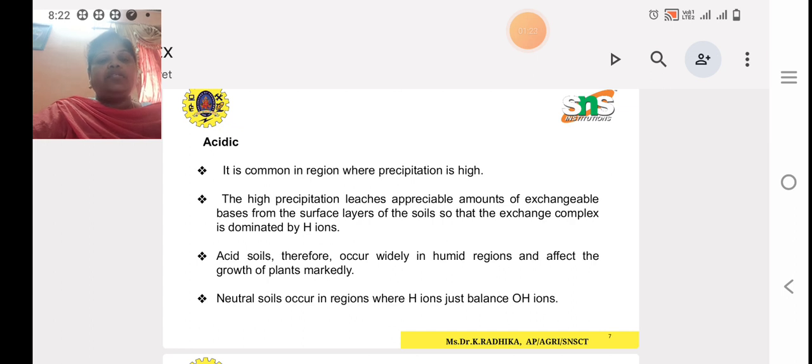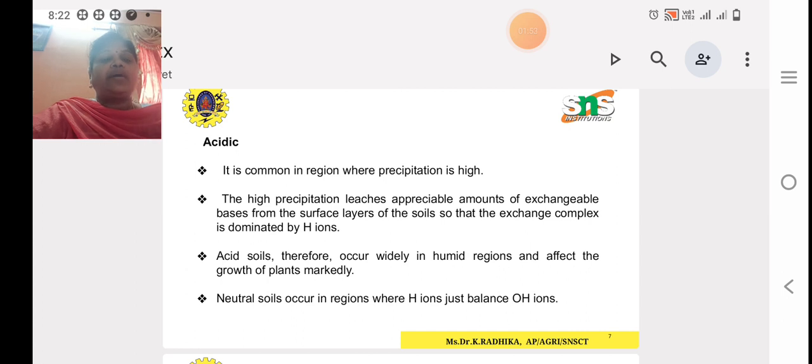Acidic soil therefore occurs only in humid regions and affects the growth of plants markedly. Acidic reaction is a serious problem in the growth of plants.